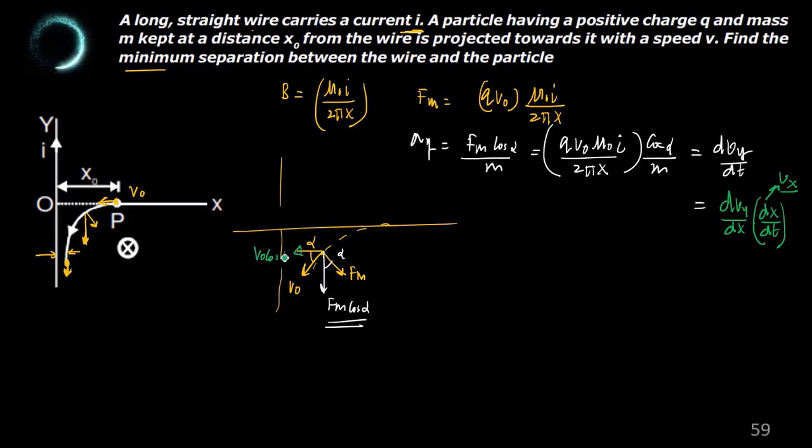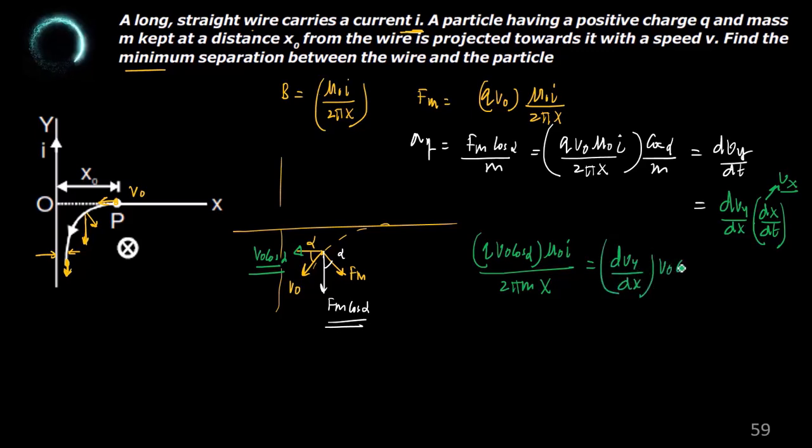Similarly, I can write q into v naught cos alpha into mu naught into I divided by 2 pi m into x, equals dvy dx into v naught cos alpha. Again, that v naught cos alpha cancels out, so I am left with dvy by dx.